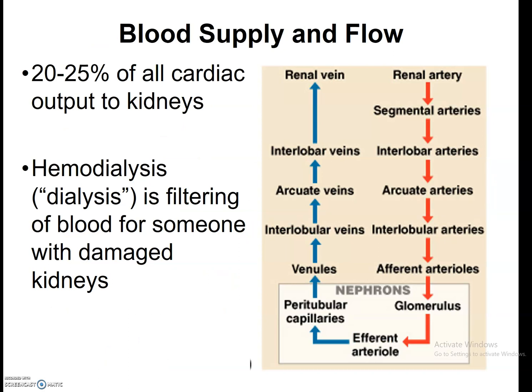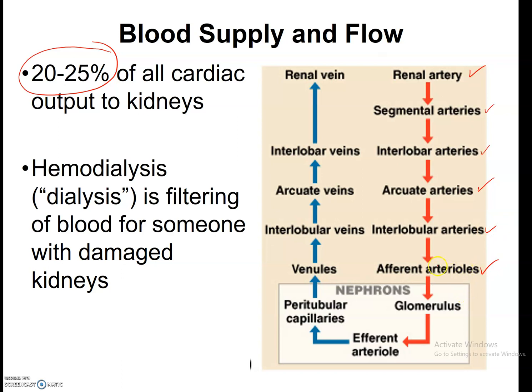So, basically, what's going on in terms of blood supply. At any given time, 20 to 25% of our blood, or our cardiac output, goes straight to the kidneys. It first starts at the renal artery, goes down to what we call segmental arteries within the kidney. Then you have the interlobar arteries, arcuate arteries, interlobular arteries, and then afferent arterioles eventually.